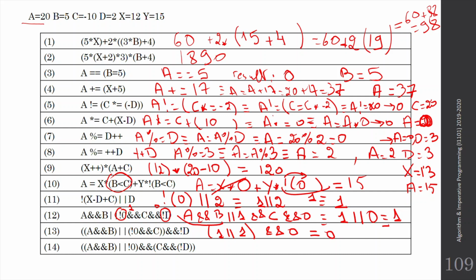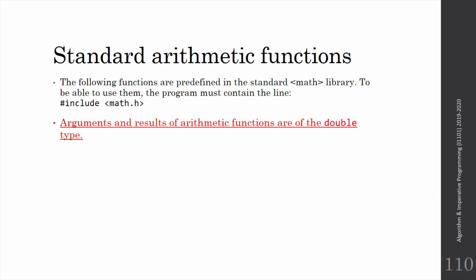You can check it by yourself, and here again we have 1 or 1 and 1 and 0, which is equal to 0. So it's a nice practice to work on this, in order to know the priorities and how you can mix all these together.